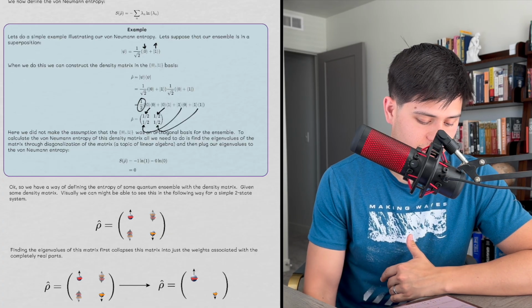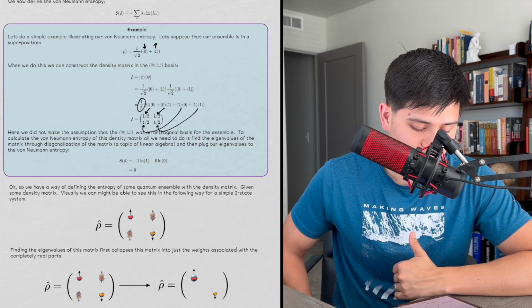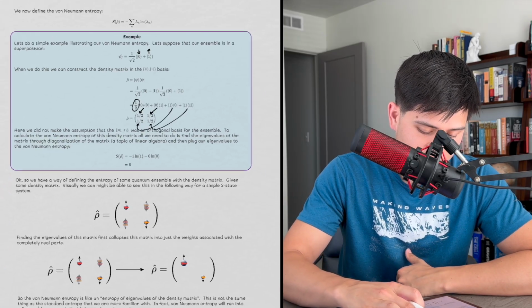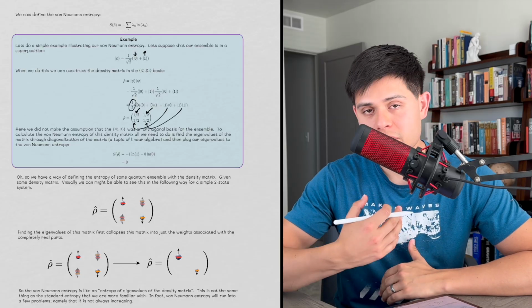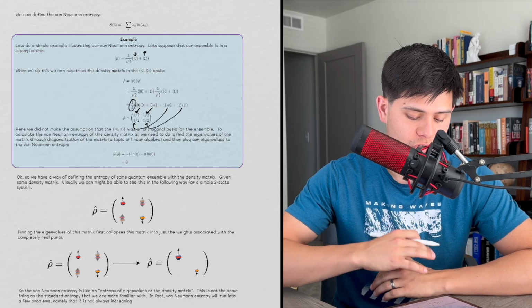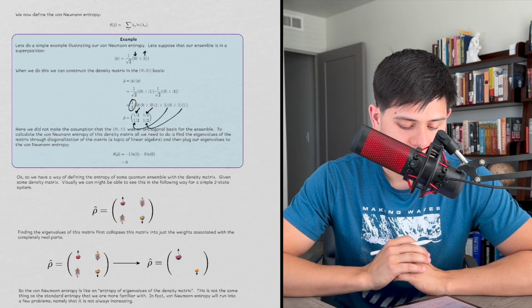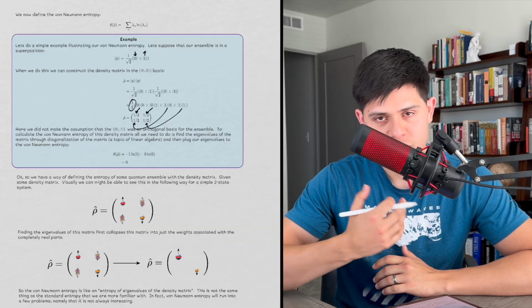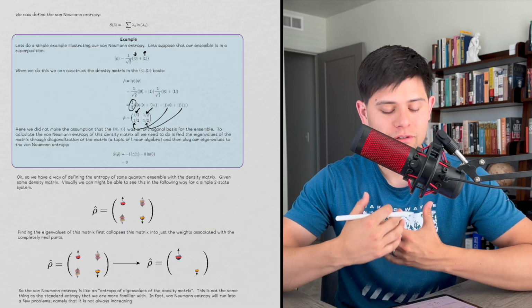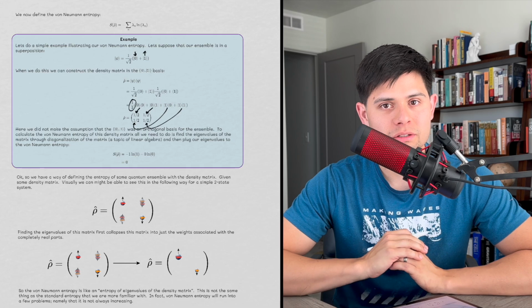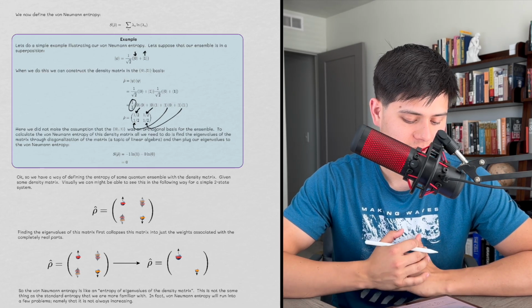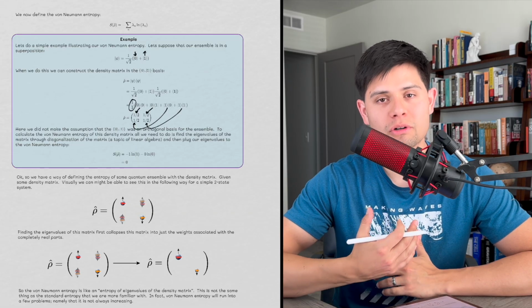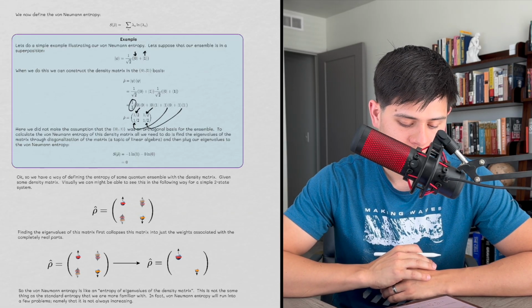To calculate the von Neumann entropy of this density matrix, all we need to do is find the eigenvalues of the matrix through diagonalization, which is a topic for linear algebra. I'm not going to go too much into this because I'm assuming you've taken linear algebra, given that you're looking at a video on quantum statistics, which requires the use of linear algebra.